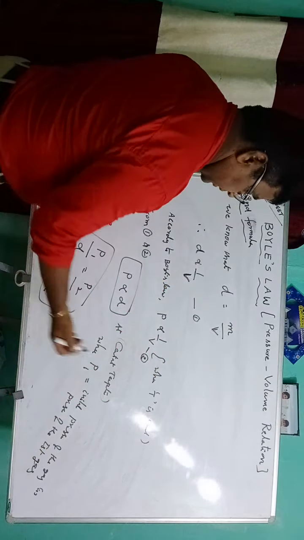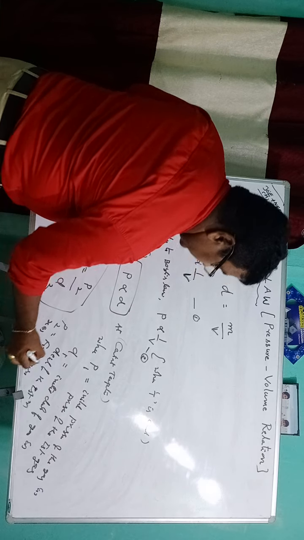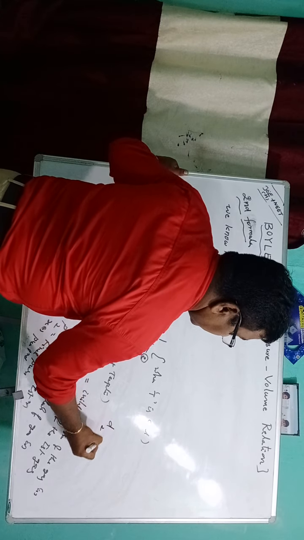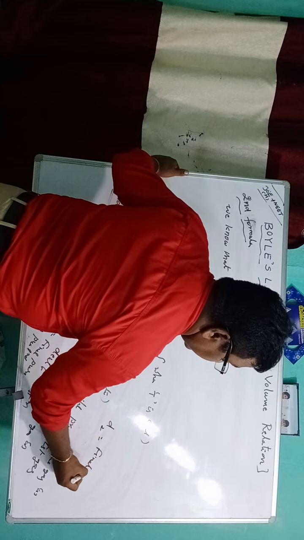Similarly, the last ones: P2 is equal to the final pressure of the gas, or pressure of the second gas, and D2 is the final density of the gas, or density of the second gas. So P1 by D1 is equal to P2 by D2. This is the second formula.